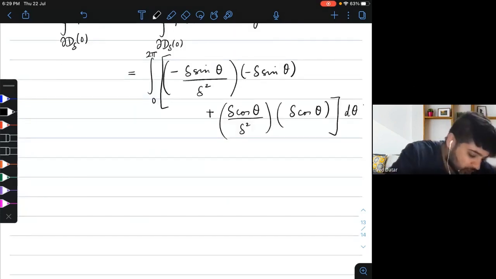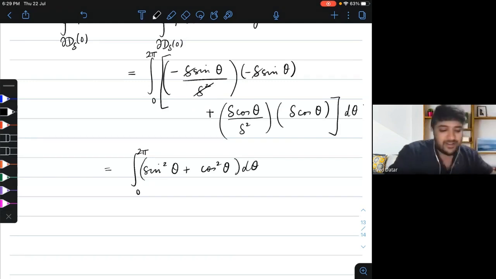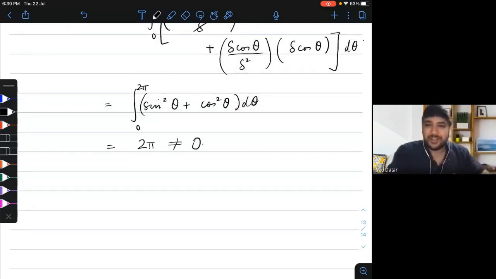So now, of course, there are lots of calculations, and you'll see that this cancels out. So this is basically just sine squared theta plus cosine squared theta d theta. And of course, by our favorite trick identity, this is the integral of d theta, which is 2 pi, which is not equal to 0.